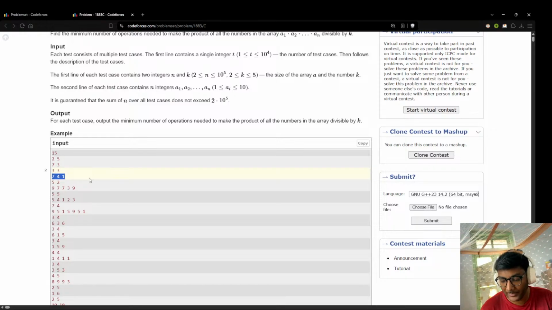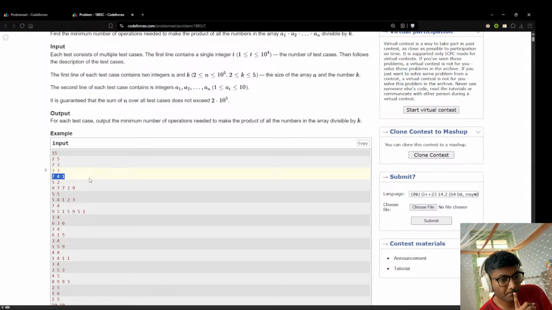Like if the element is 9, I can make it a 10. Yeah, that will work. So that is the solution for 5.